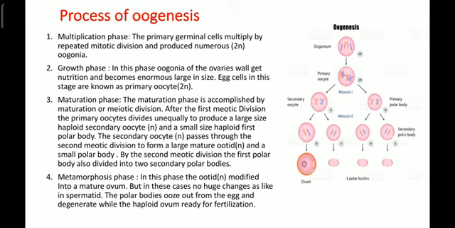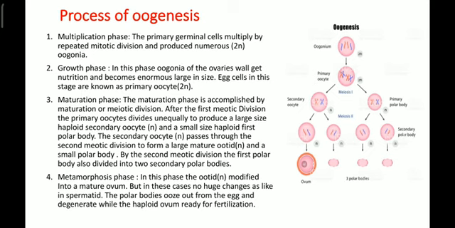The secondary oocyte passes through the second meiotic division to form a large mature ovum and a small polar body. By the second meiotic division, the first polar body also divides into 2 secondary polar bodies. So by the maturation phase, a diploid primary oocyte ultimately produces 1 large haploid oocyte and 3 small haploid polar bodies.